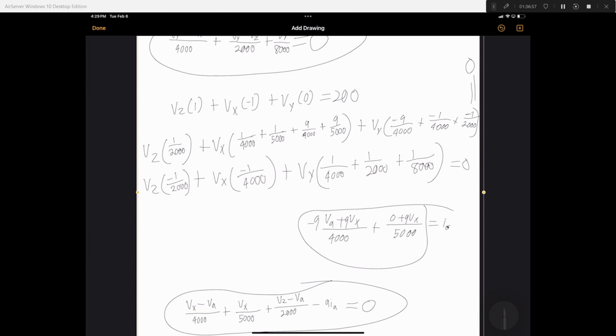This is a negative 1, negative 1, 0. And we just use that 0 as a filler since there's no VY for that pressure. 2,000. 1 divided by 4,000 plus 1 divided by 5,000 plus 9 divided by 4,000 plus 9 divided by 5,000.